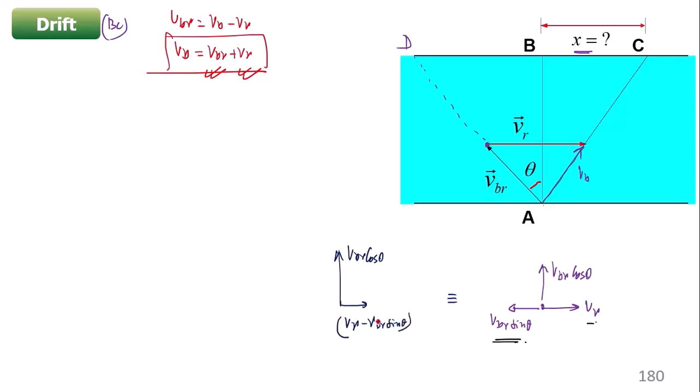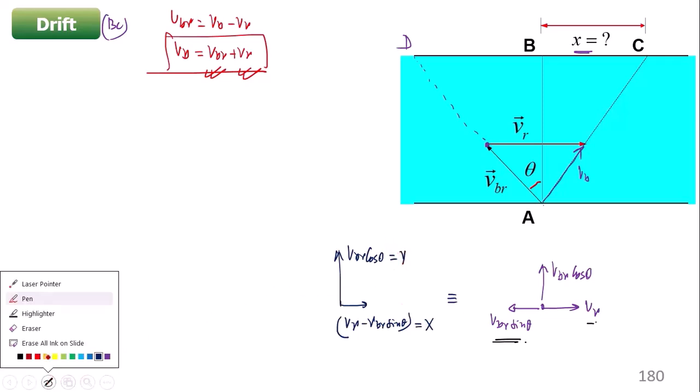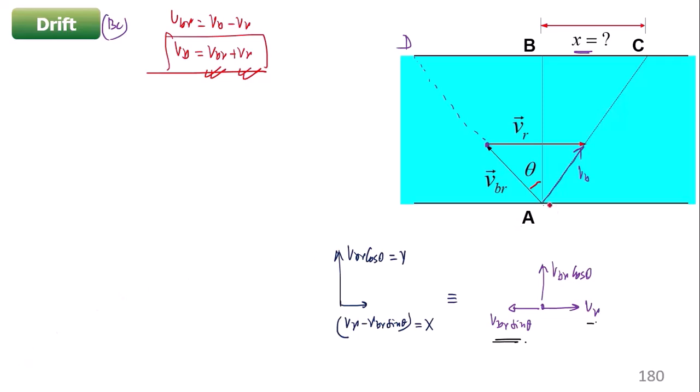Okay. So let us say this is the X component, this is the Y component. Now the X component is responsible to move the particle along the X direction, and the Y component is responsible to move the particle along the Y direction. What is that Y direction? Y direction is nothing but AB. With that velocity, the boat or the swimmer is crossing the river.